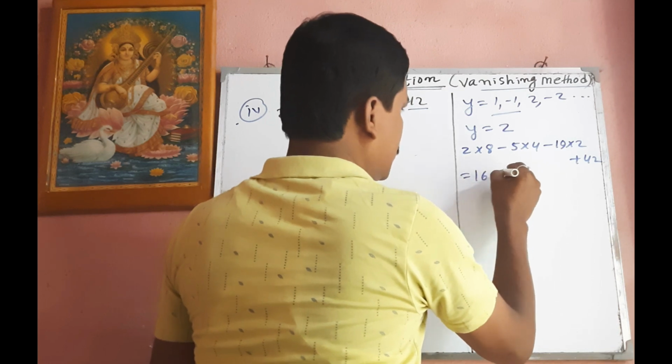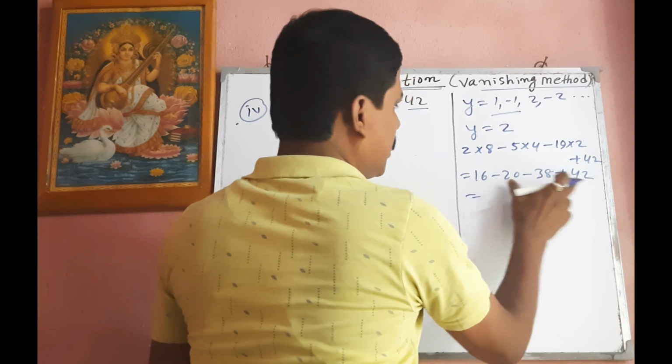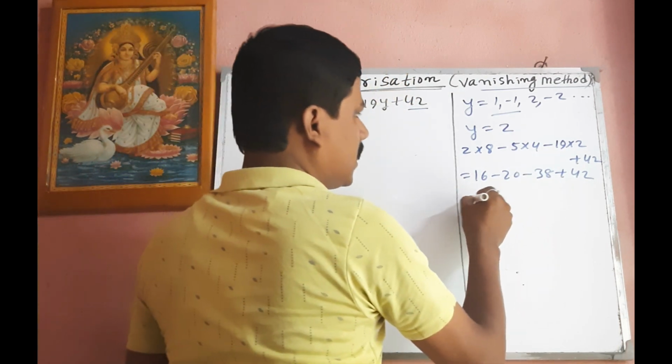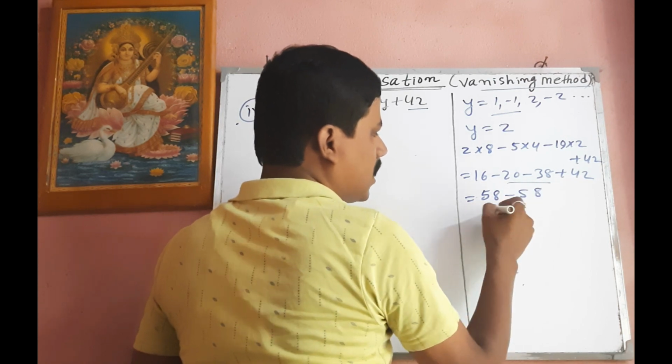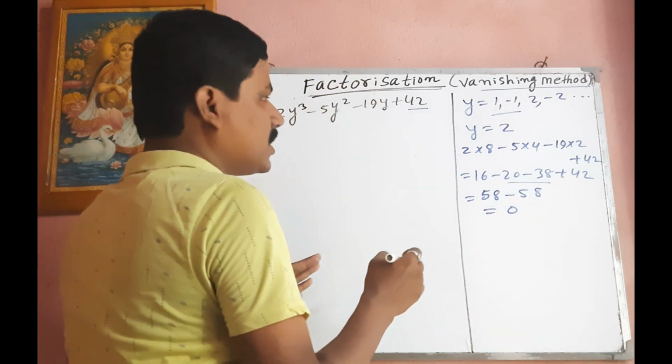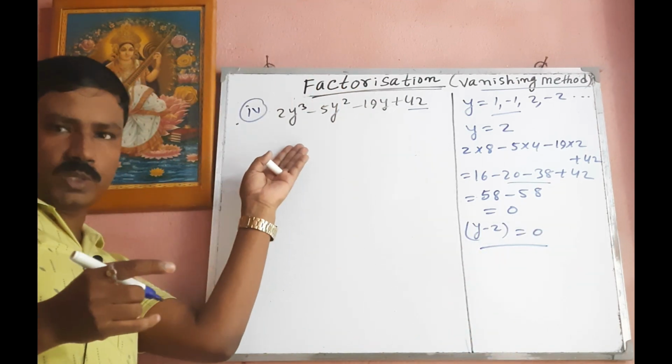That is 16, 20, 38 plus 42. 42 plus 16 is equal to 58, and this 2 is equal to minus 58. So this will be 0. That is, y minus 2 is one factor of the given expression.